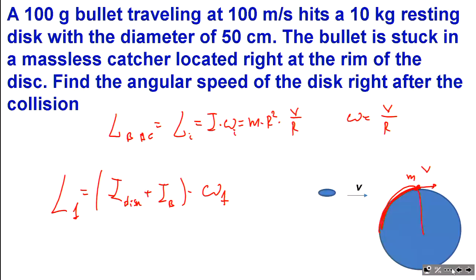And, well, that's the initial, that's the final. And according to the law of conservation of angular momentum, they have to be equal to each other. And that's it. All we have to do now is just finish the calculation. And don't forget, again, this is the diameter.